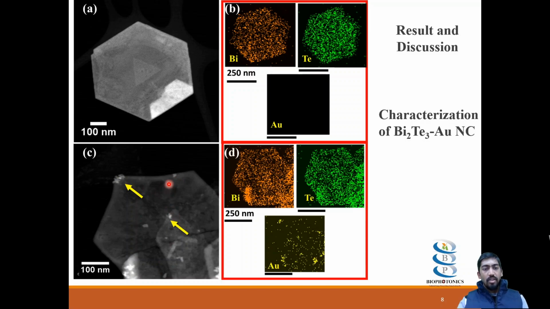So these holes are due to the Kirkendall effect, where some of the tellurium gets replaced by gold atoms.